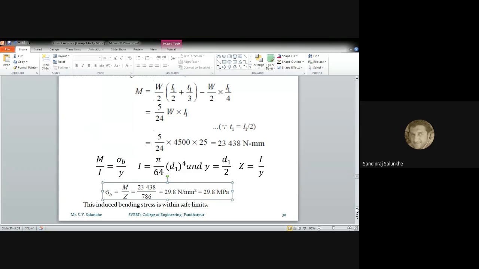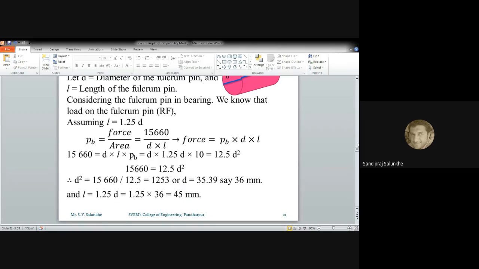And what value of allowable bending stress is given in the problem? It is bearing pressure, 10. Okay. If you want to see the problem statement, we'll go to the problem statement once again.